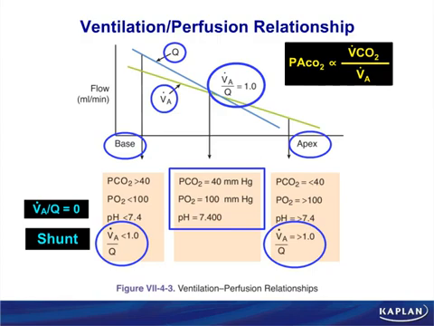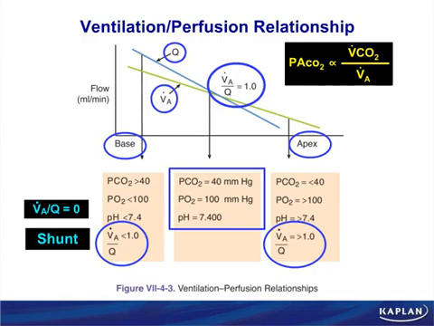Now let's think mathematically, what's the extreme? The extreme would be dividing by 0. No blood flow. Ventilation, but no blood flow. Well, that's infinite. It also has a name that we've described earlier in the respiratory section. What do we call areas that are ventilated but not perfused? Very well done. If you said alveolar dead space, you hit it right on the money. This is alveolar dead space.